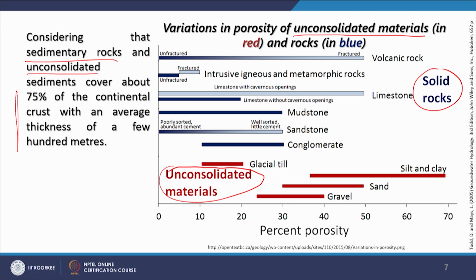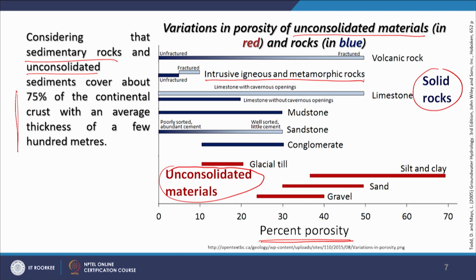If we consider India, we have some sedimentary aquifers in our country also. I would not say sufficient, but a large part of India has sedimentary aquifers as well. Anyway, now we compare with the porosity, which is in percentage.